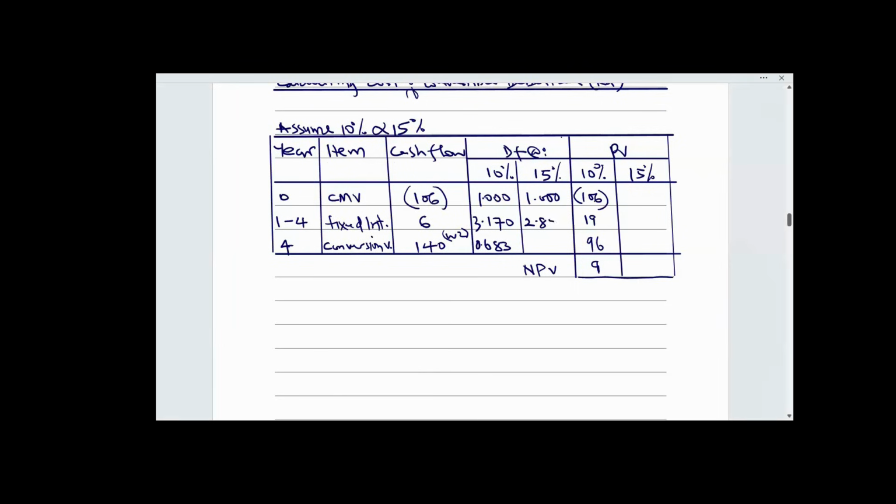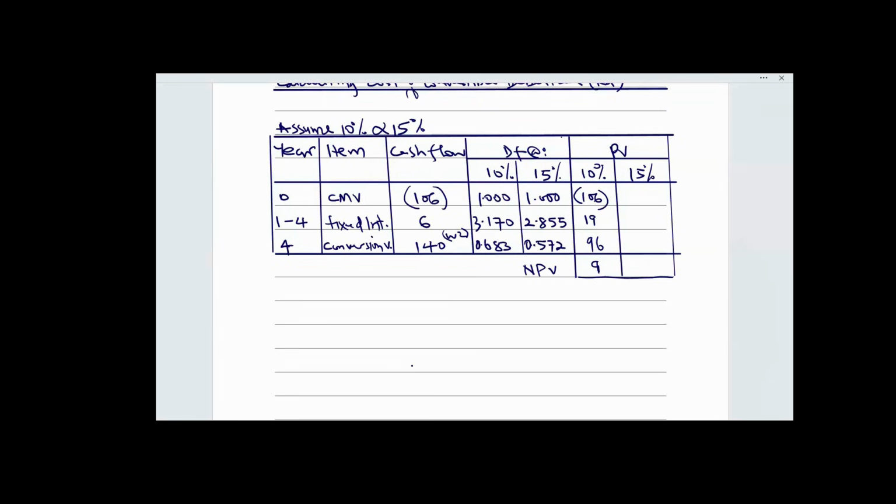Thank you very much. You are a wise student. Then discount factor at 15% for year 4. 0.572. Yes, sir.